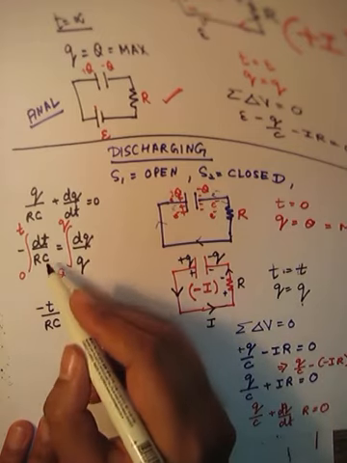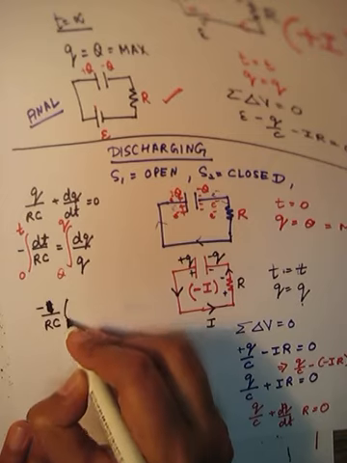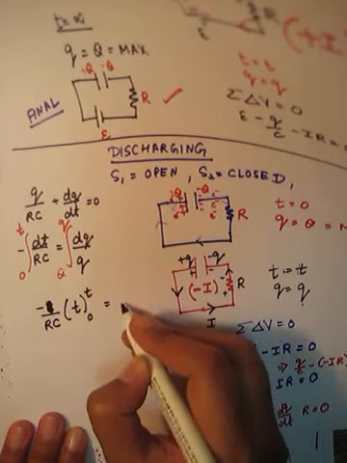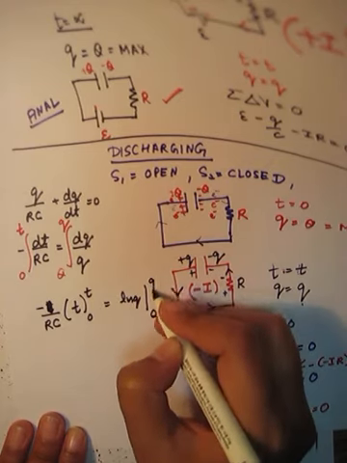Okay, so for this we'll get minus t upon RC. If you want to know how I got it, it could also be written as minus 1 upon RC and 0 to t, or log of q, capital Q to small q.